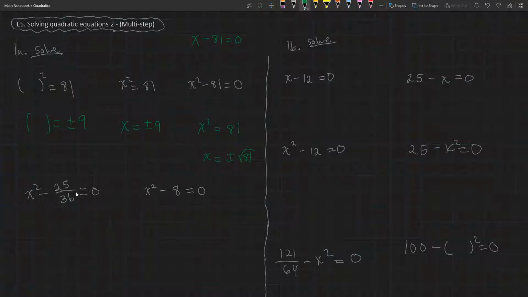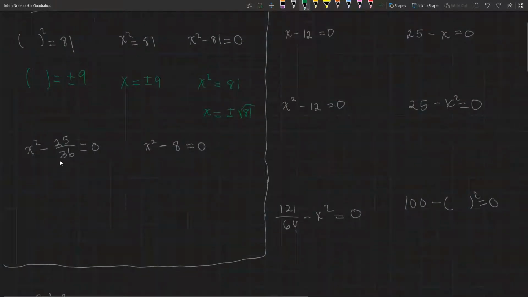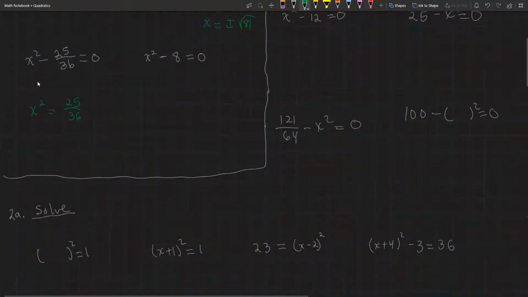And we can apply the same kind of thinking here now that we know how to go about that. Something squared minus some fraction. Don't let the fraction intimidate you. We still want to undo that. How do you undo this negative 25 over 36? We're going to say that x squared is, by adding 25 over 36 on both sides, equal to that. The nice thing is we had 0 on the right side, so adding it was very easy. And now we ask ourselves, how many numbers can we square to get this fraction? As before, the something was either a positive or a negative.